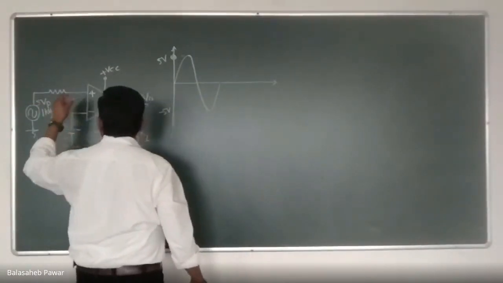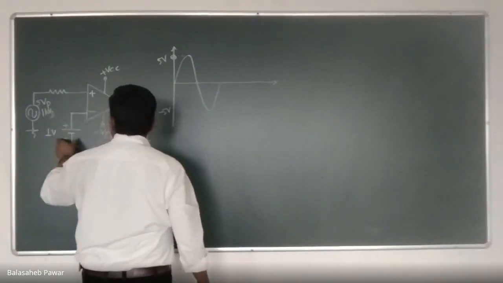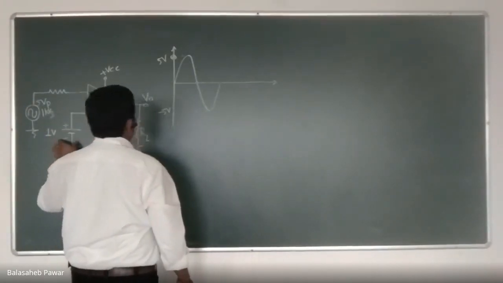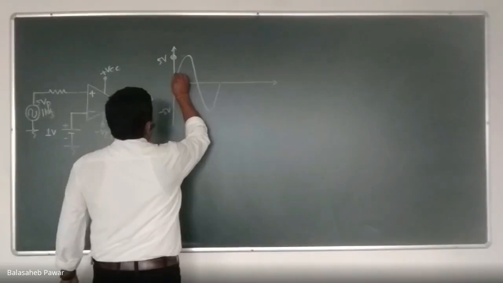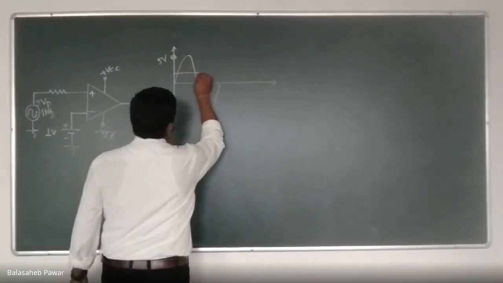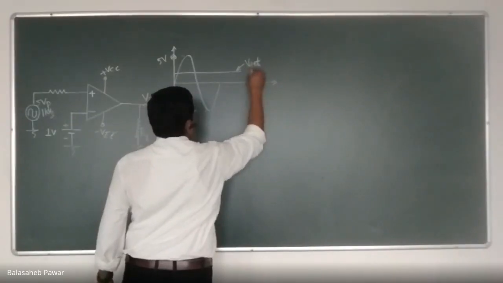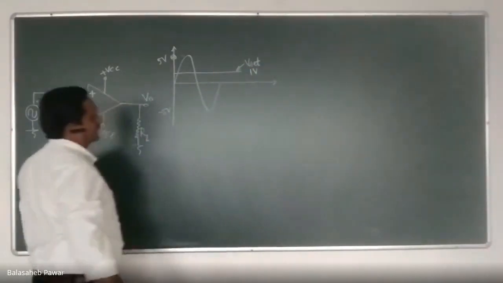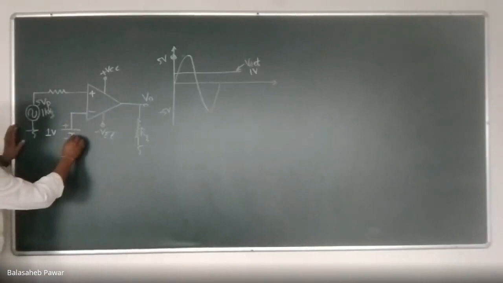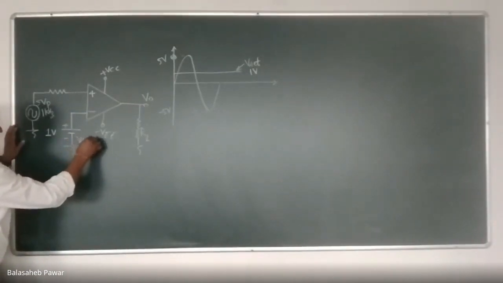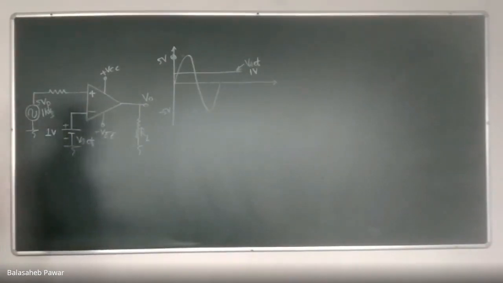And to the inverting terminal, there is a constant DC source of 1 volt. So again, I will show that DC source like this. This is my reference voltage of 1 volt, V reference. Are you getting it? Is it visible properly? Yes, sir.